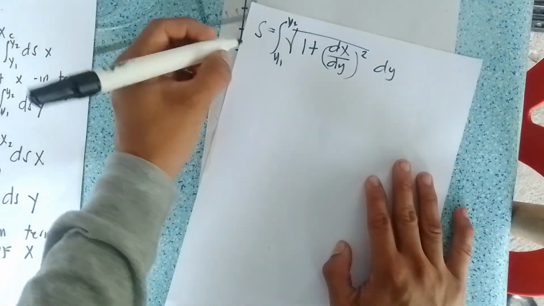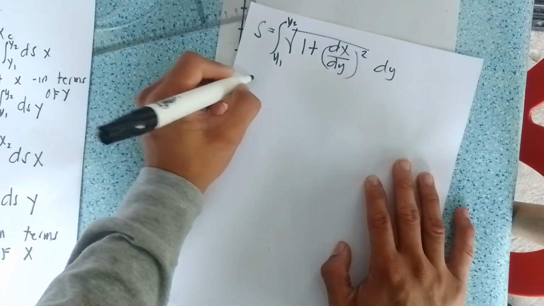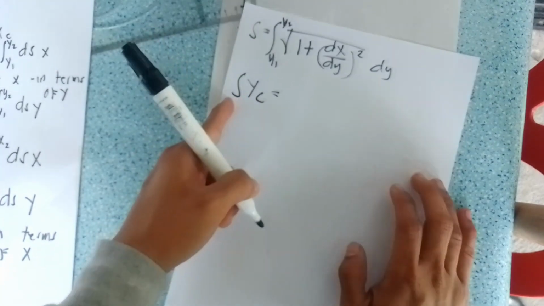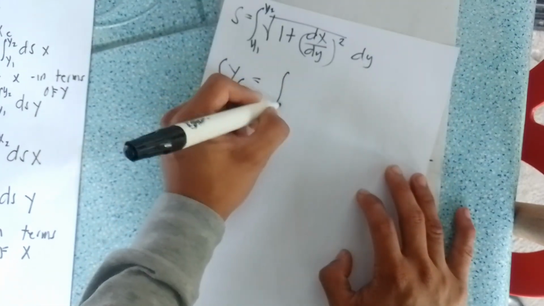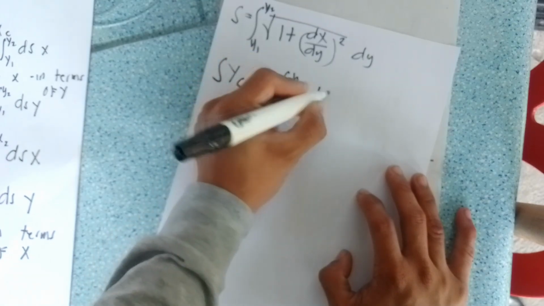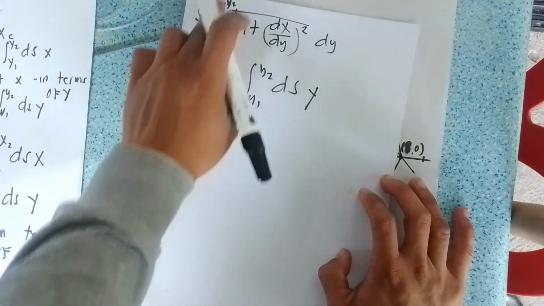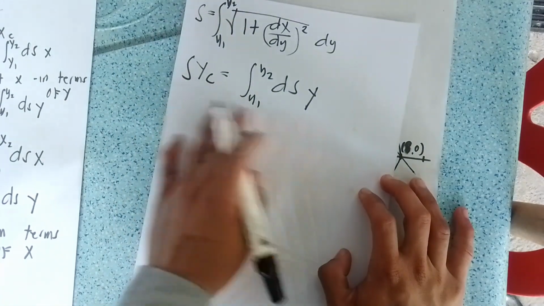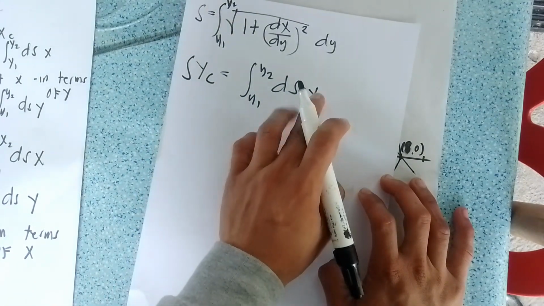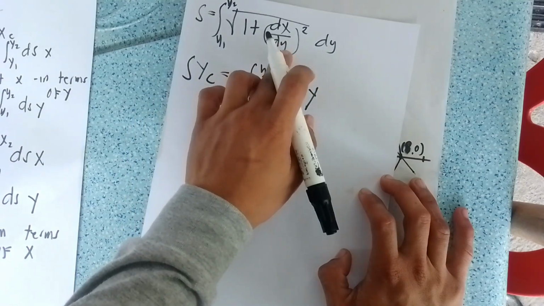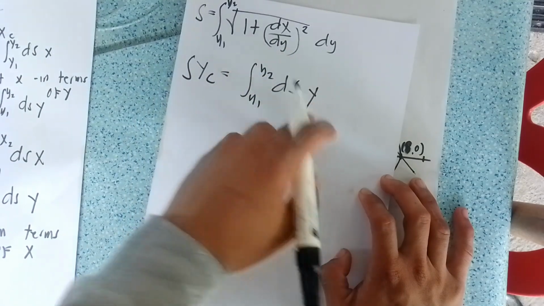So to solve for the centroid, your yc, this is arc length, s times yc is the integral y1 up to y2 of ds times y. Since we're dealing with yc here with limits y, this one is already the formula. You don't have to put anything here in terms of something, since we're dealing with dy. Therefore your y should be y.